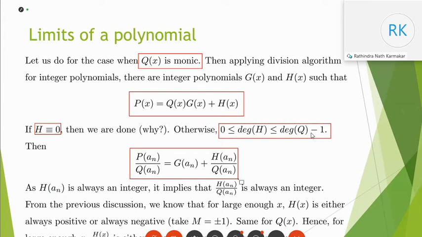Now it is given to you that p of n by q of n is always an integer. And since g has all integer coefficients and n is an integer, g of n is again an integer. Okay, sorry, this should be g of n here. That I have written here h of n is always an integer. This is wrong. This should be g of n instead of h of n.